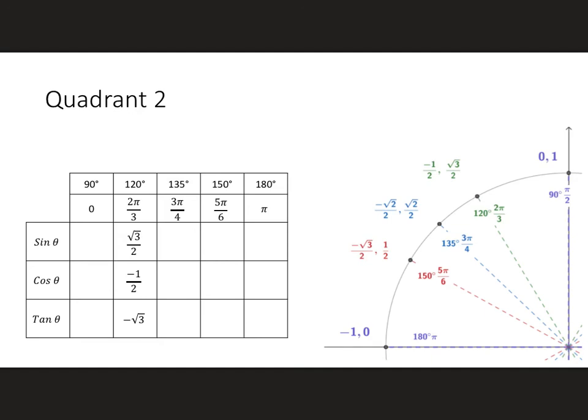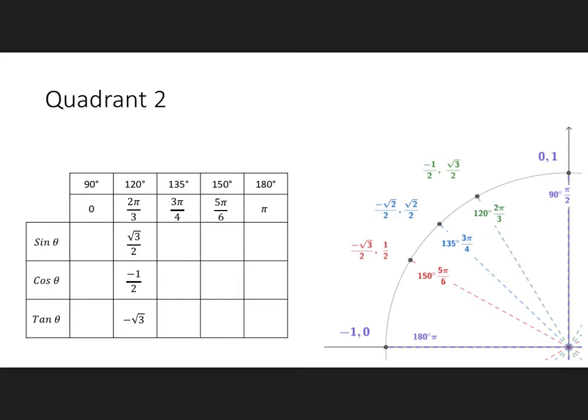Let's fill out a chart for the rest of quadrant 2 using our beautiful unit circle. Notice all these angles will have a reference angle of 30, 45, 60, 0, or 90 degrees. So let's start off with 135 degrees, or 3 pi over 4 radians.